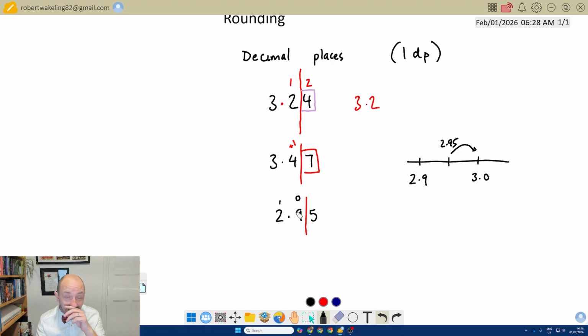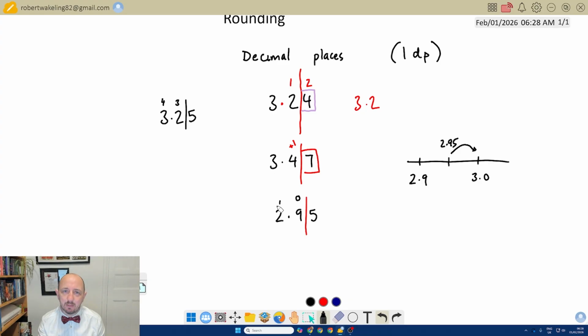But that can be very confusing because students will try to do this kind of thing. Right, the 5 makes that go up to a 3, and then that one will go up by 1 to a 4. Like they try to keep going, but you don't do that. You just increase this digit by 1. If it hits 10, that's the only time you mess with anything in front.